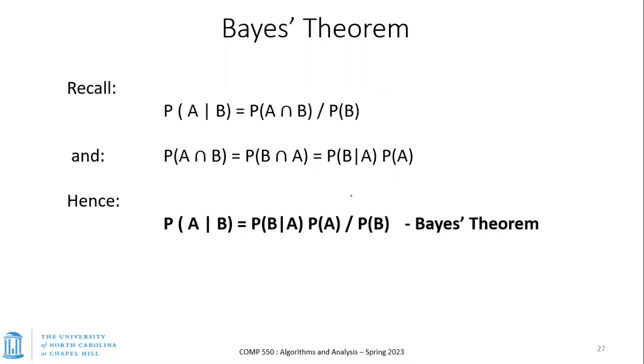We can just use a little bit of math, combining things that we already know. The conditional probability is the intersection probability divided by the probability of B. And this intersection can be represented by the chain rule. So now there's another way of writing the chain rule.